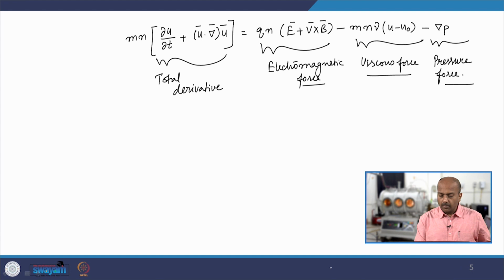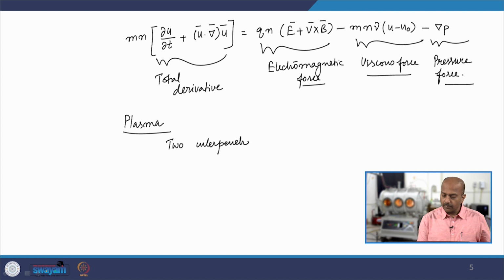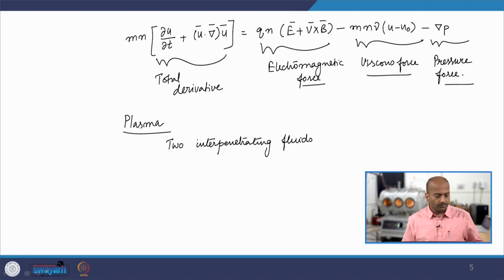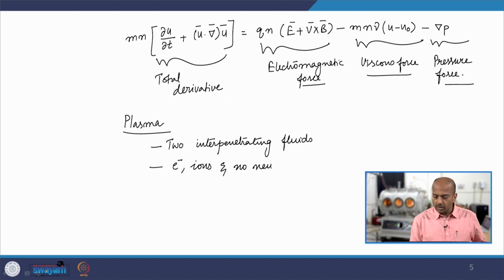So, now plasma is going to be called a mixture of two interpenetrating fluids. For simplicity, we will consider the plasma to be fully ionized, and that means that there are only electrons and ions and no neutral species are present.